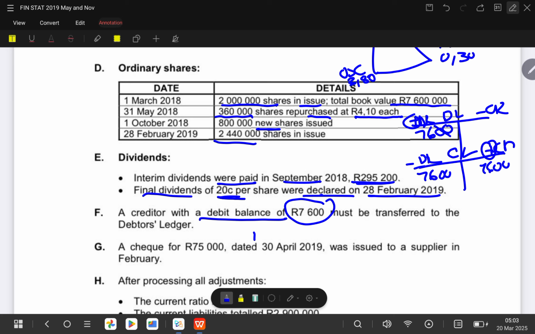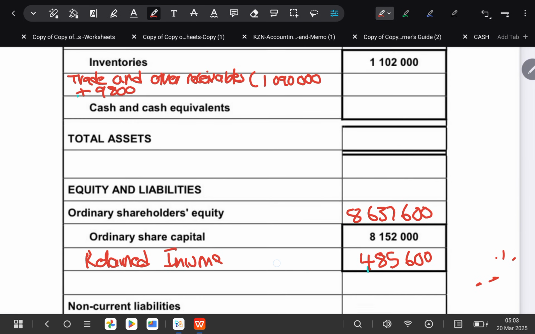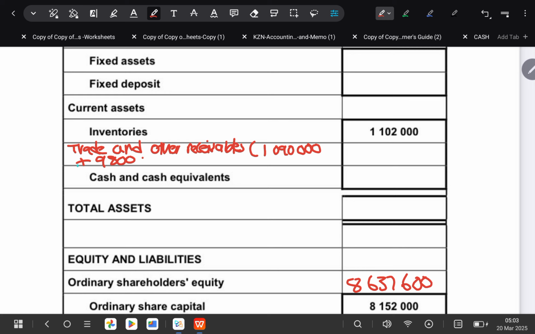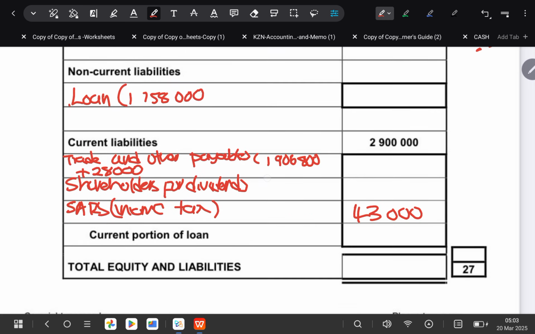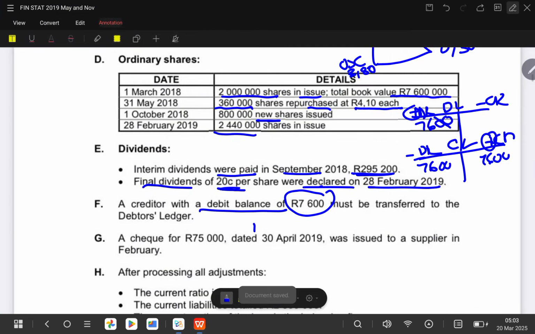Remember, if it's a debit balance on creditors, it's a minus. So you'll say plus, you are crediting, and when you go there you have to debit, you are also adding. So it's plus both sides, so it will be plus 7.6 under receivables, and also plus 7.6 under payables. Then you are done with this. Let's go to the next one.